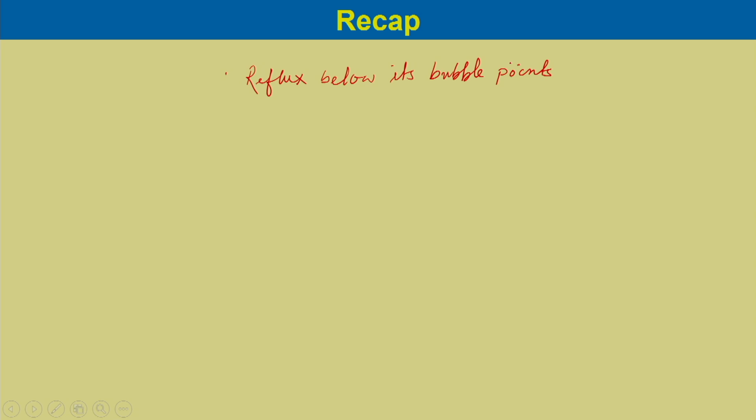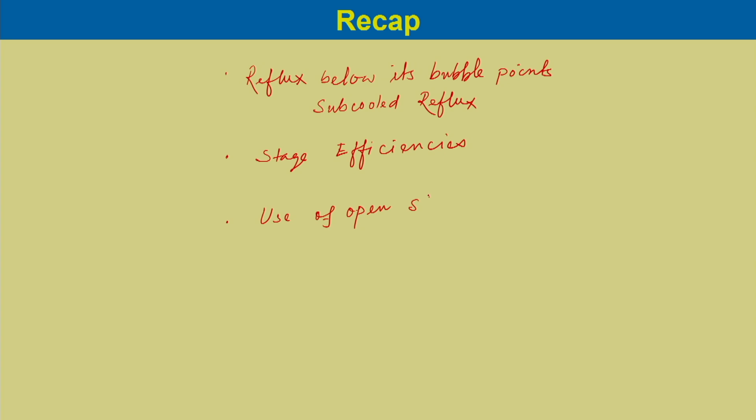That means the reflux which is given to the top tray of the column is subcooled reflux. The second thing we have discussed is different stage efficiencies. And the third thing we have discussed is the use of open steam for the distillation.